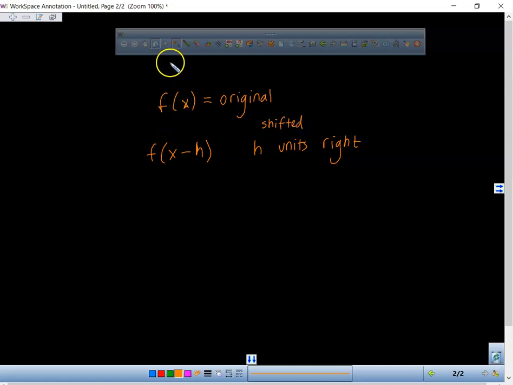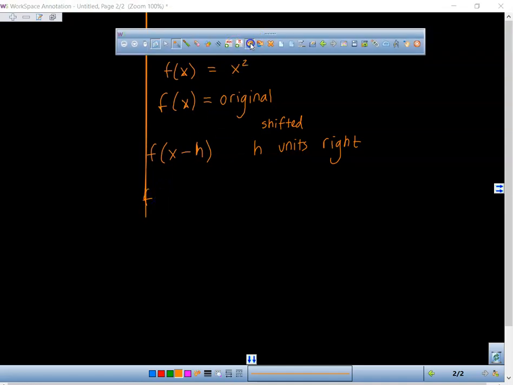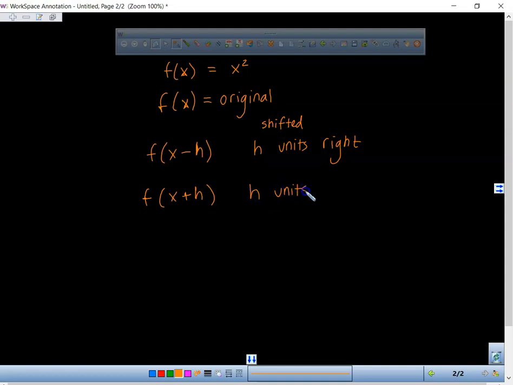So any function, now ours is what? F of x equals x squared. But if I'm dealing with any function, if I want to shift it to the right, I just put f of parentheses x minus h, and it'll go h units to the right. If I say f of x plus h, that's going to go h units to the left.